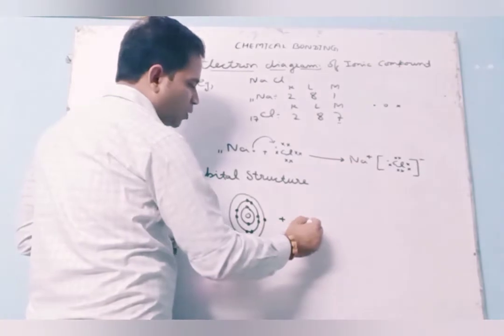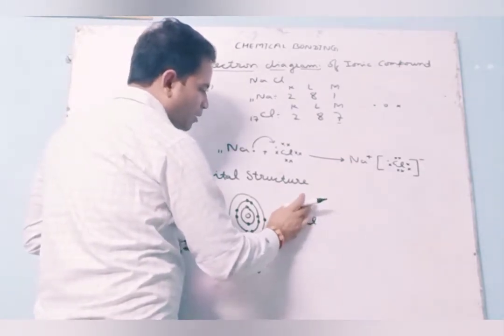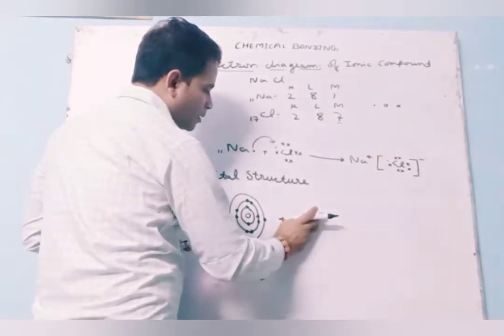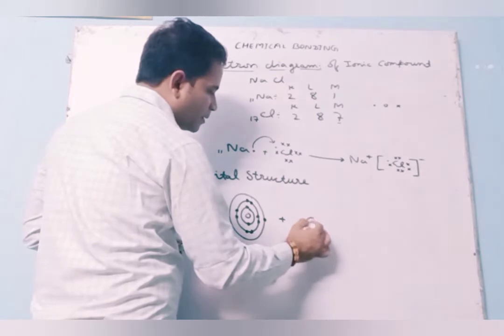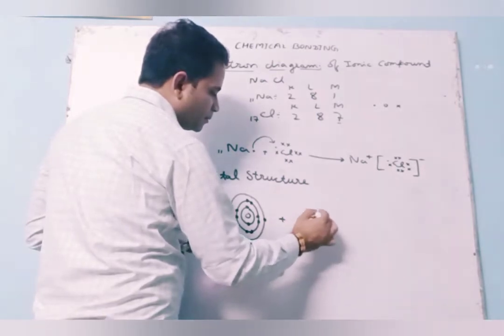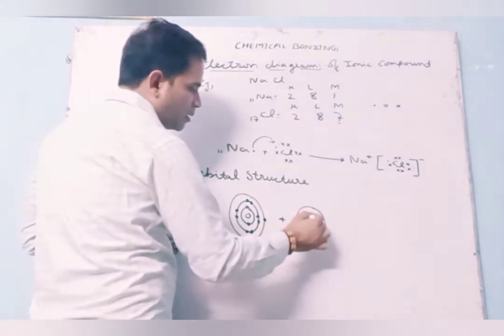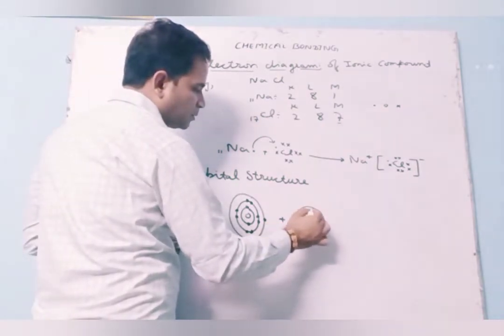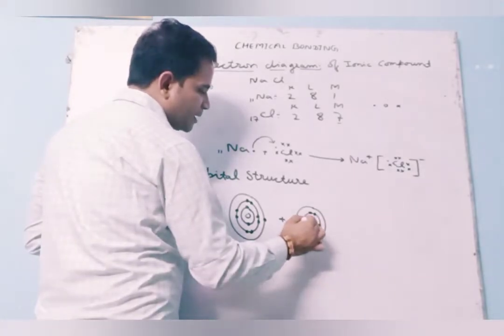And see in chlorine, how many shells here? See 1, 2 to 4 to 6 to 8.